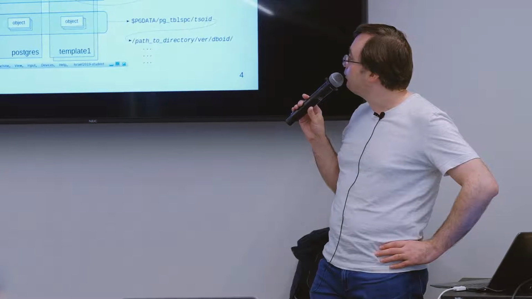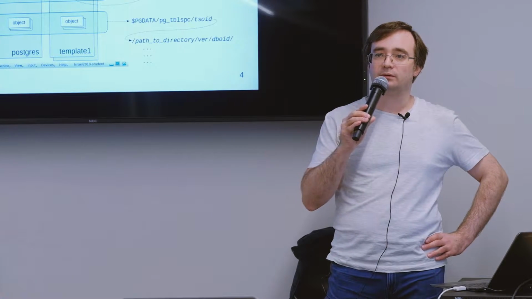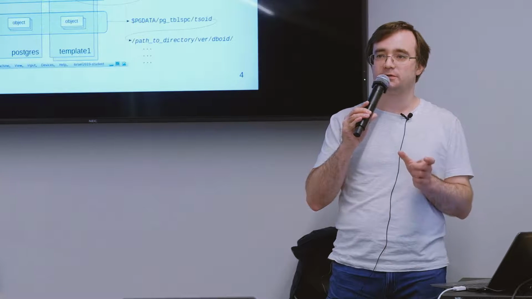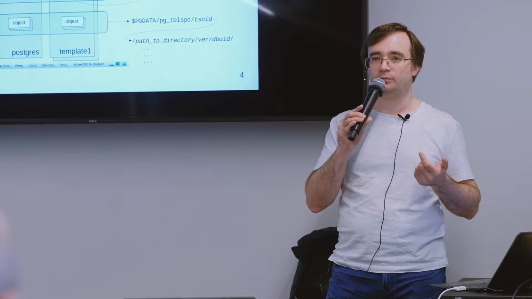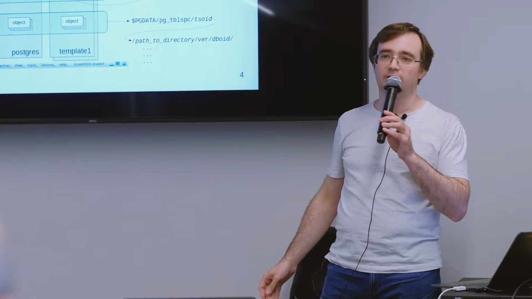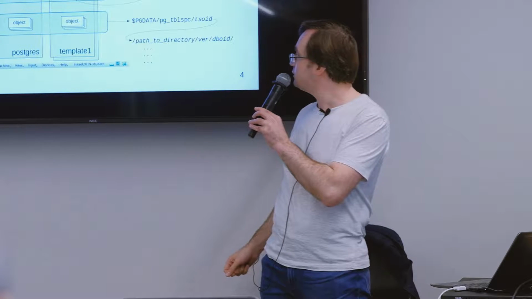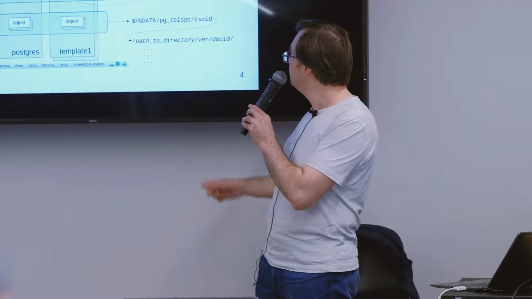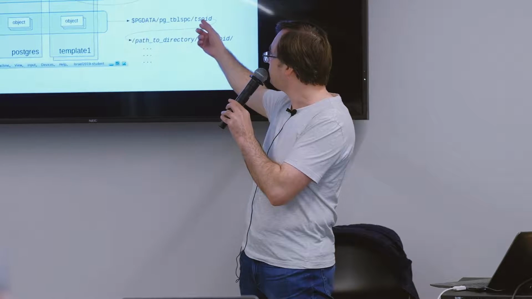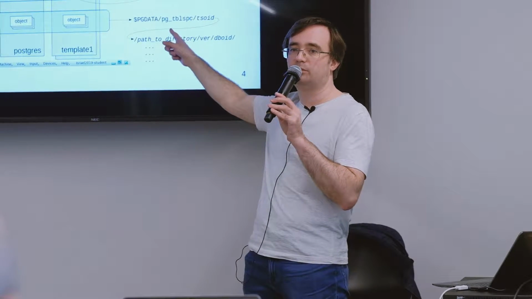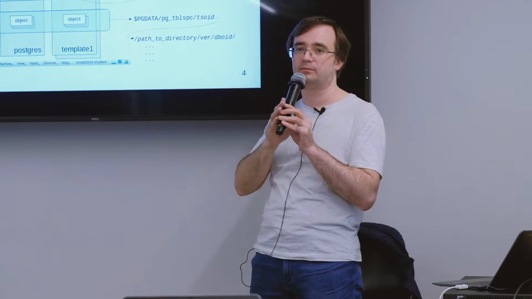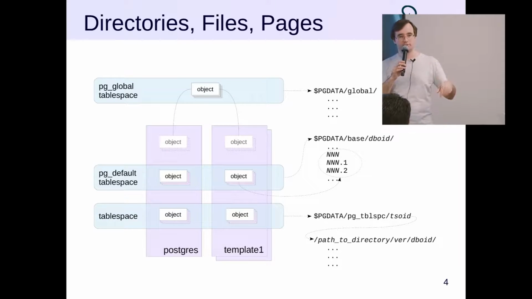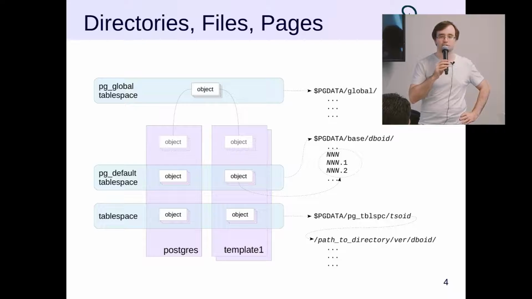But Postgres always uses relative paths, and they start from PGDATA. So when you create your own table space, it creates a link in the pg_tblspc directory, which links to the path that you specified when you created your table space. And it uses this path to access your objects.